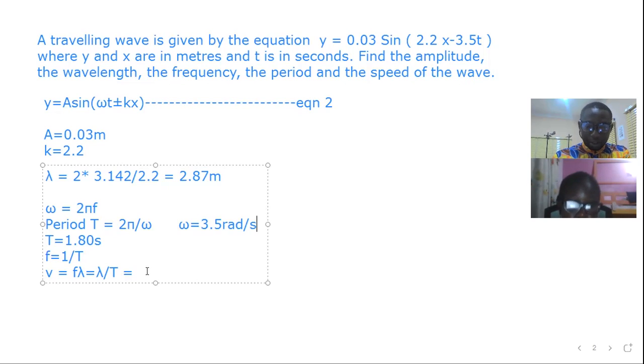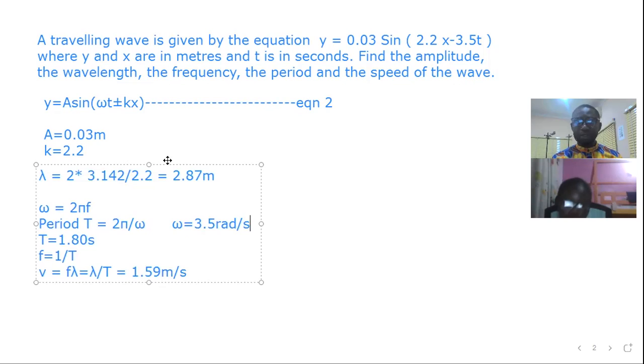Okay. What's the unit, please? Meters per second. Okay, meters per second. So this is how to solve simple equations involving waves. All right, I'll give you one to try on your own now. This was like an example, even though you did much of the work yourself.